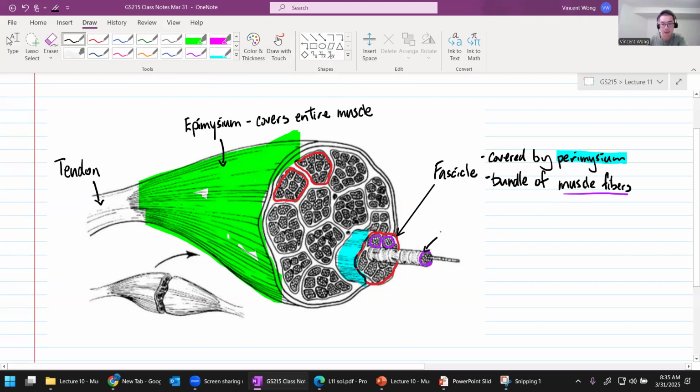That right here is a muscle fiber, which, by the way, is equivalent to a muscle cell. A single muscle cell is called a muscle fiber. So the entire muscle consists of multiple fascicles, and each fascicle consists of multiple muscle fibers, or muscle cells.